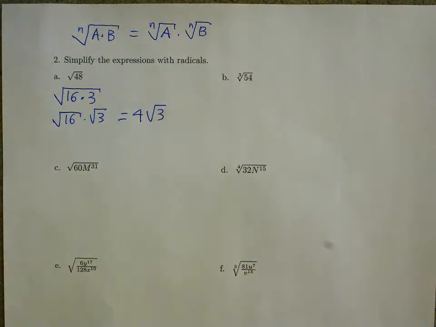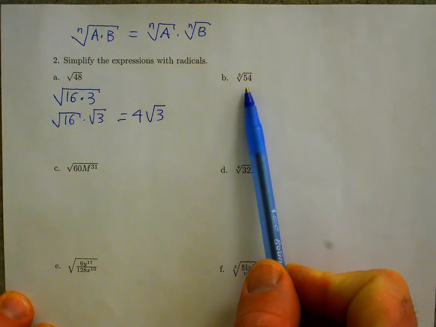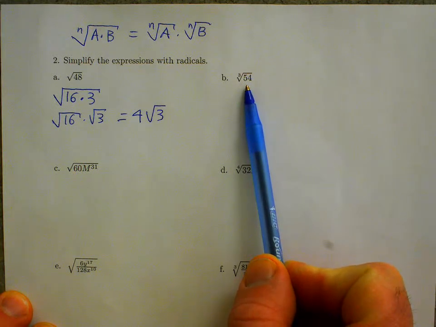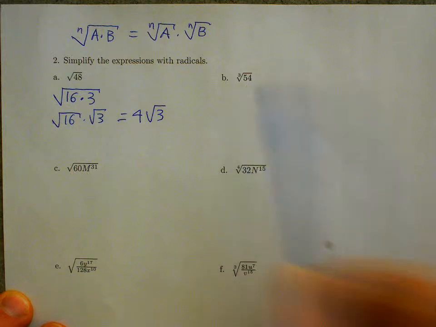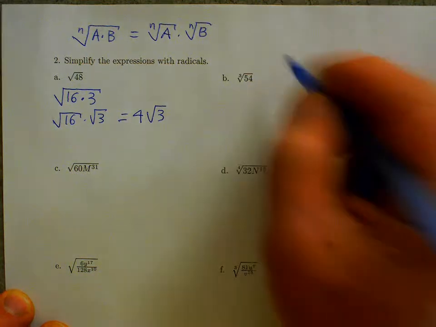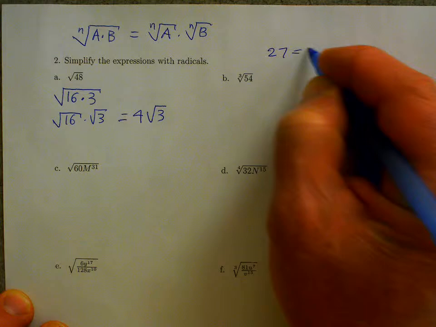Let's see, the perfect cubes are 1, 8, 27, 64, 125, and so on. Okay. 27 is a factor of 54. 27 times 2 is 54. And 27 is a perfect cube. 27 is 3 to the third.